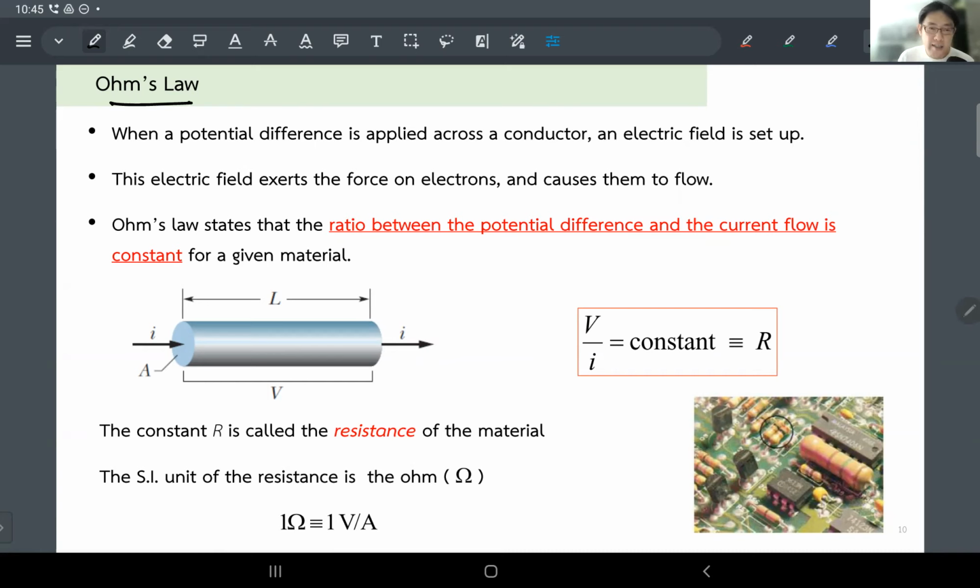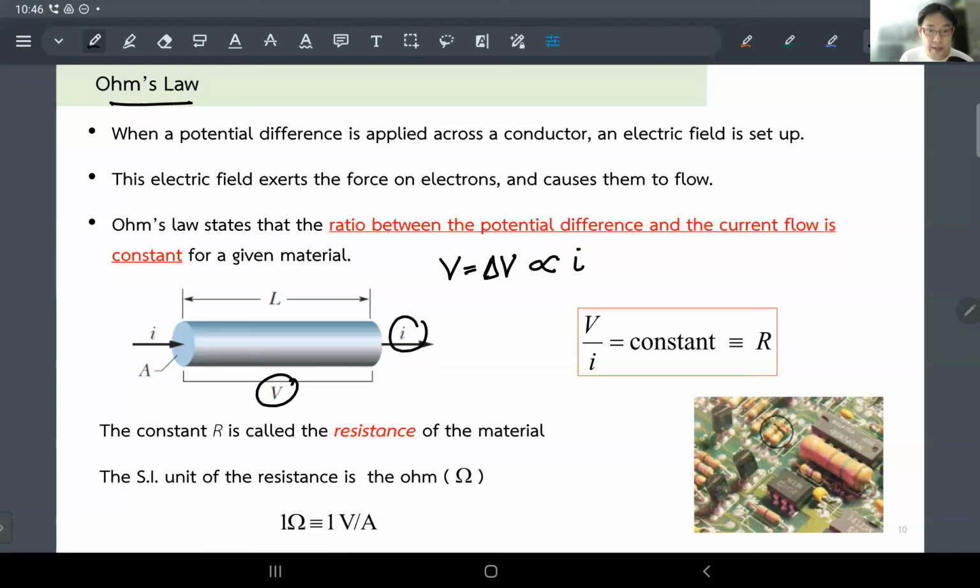So Ohm's law says that if you apply a potential difference across a material, and that material allows the charge to flow, then the change of the potential and the current flow depend linearly on each other. The potential difference, which is once again the same thing as delta V, is proportional to the amount of flow that you're going to get.